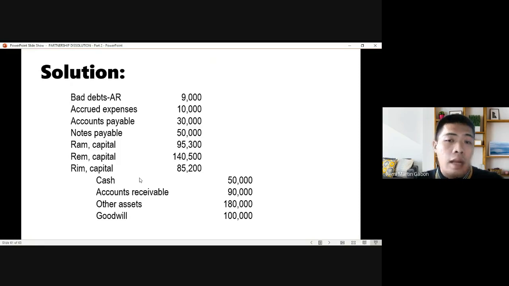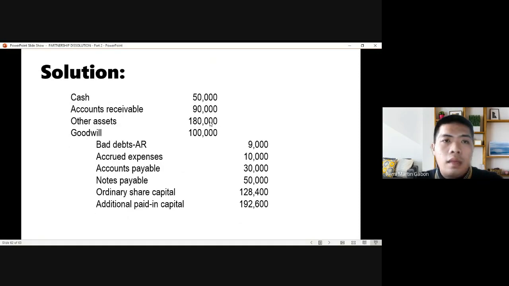Then, close the account, the partnership book. All liabilities and capital, adjusted capital amounts, i-debit lahat yan. Then the assets, in adjusted amounts, ipang-credit yan.